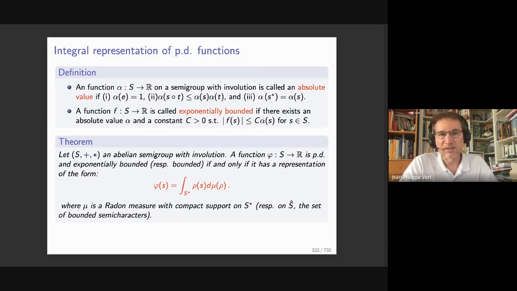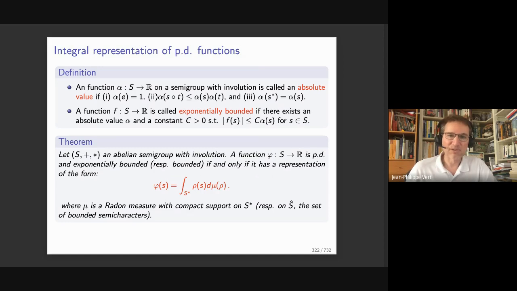And so in this context, we also have the equivalent of Bochner's theorem, which is written here. I will not read it; it's too abstract. But suffice it to say that it says that a function phi is positive definite if and only if, with a couple of additional constraints, it is the Fourier transform of a positive measure.